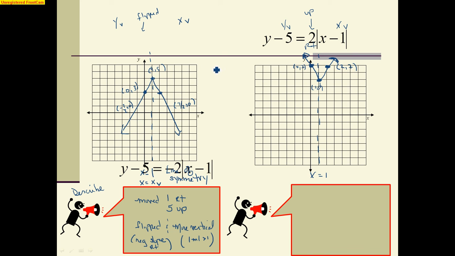So, absolute value graphs, the labels you must have. You must have the vertex. You must have the x-intercepts, 2 of them if they exist. You must have the y-intercept. If you don't have any x-intercepts, you need to have at least 1 point on each piece labeled.